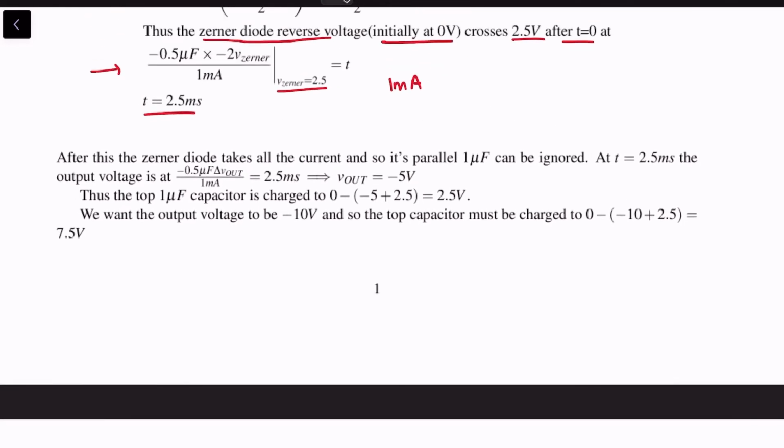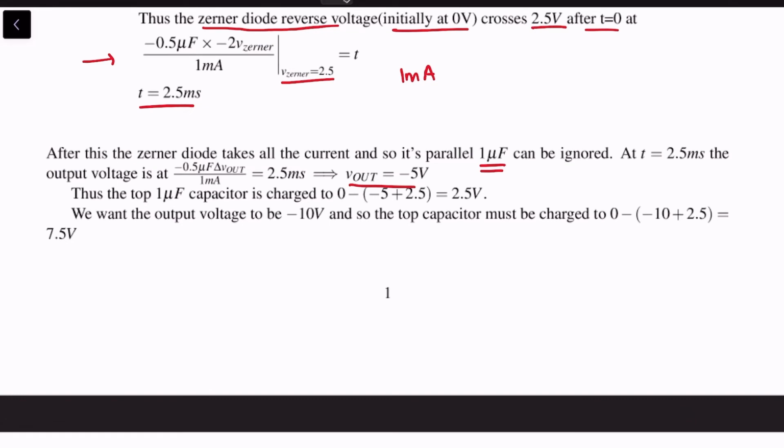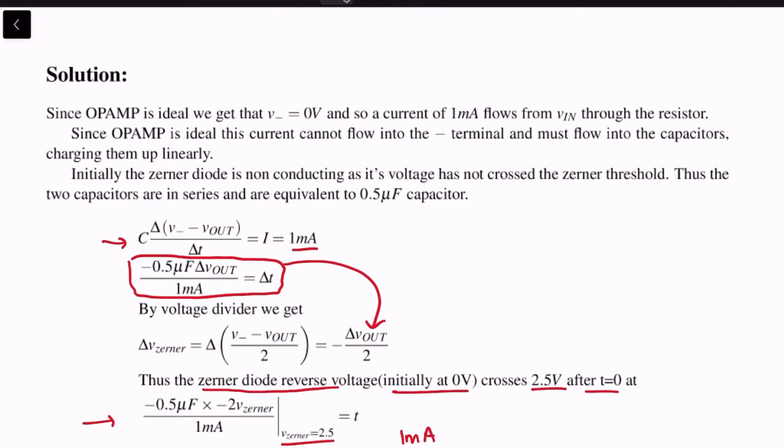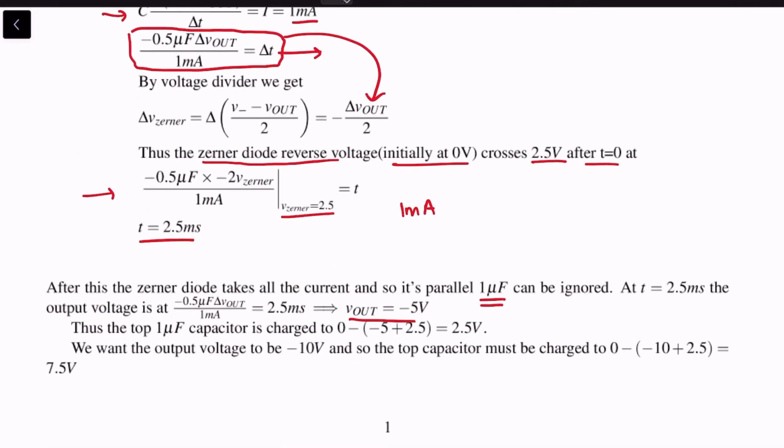So the idea is that it's now a 1 microfarad capacitor. V out is equal to minus 5 volt. So how do we get this? The delta T in this expression is 2.5, so we get delta V out is equal to minus 5 volt by substituting that there.